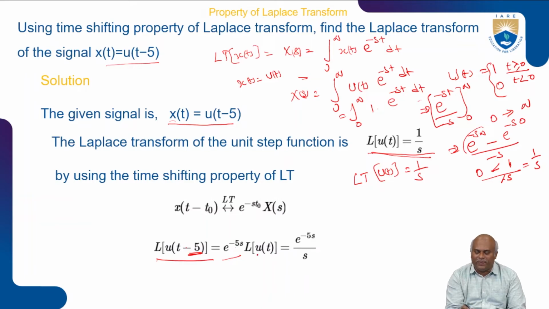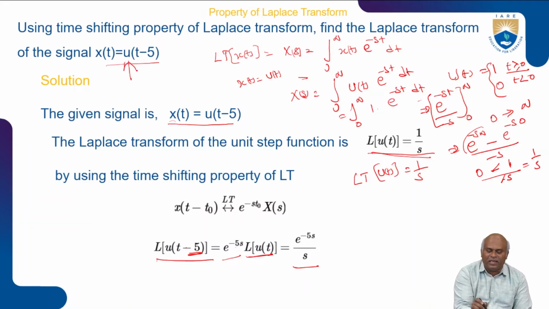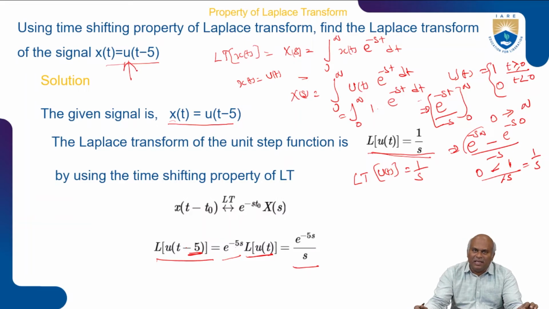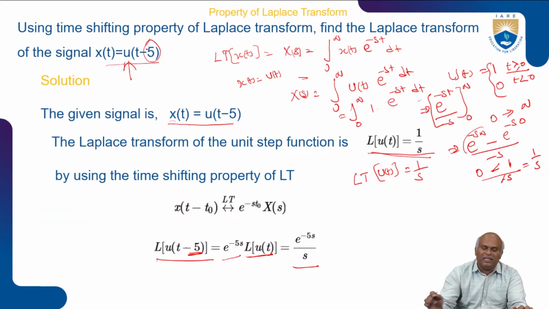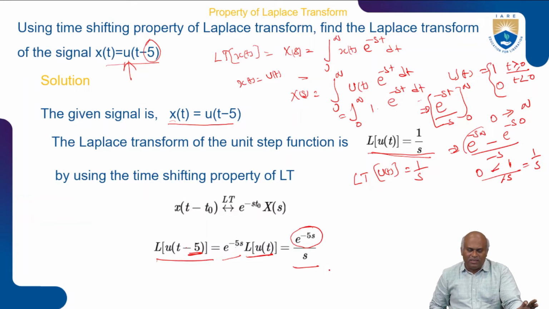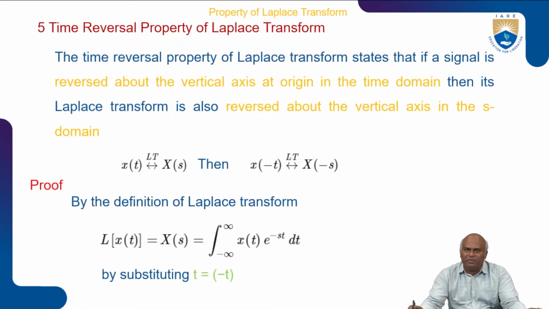The Laplace transform of u of t is equal to 1 by s. Finally I wrote e power minus 5s divided by s. Now the given signal is a shifted version of u of t minus 5. The signal is shifted by 5 positions, so it is multiplied by e power minus 5s, and the Laplace transform of u of t is 1 by s. Okay.